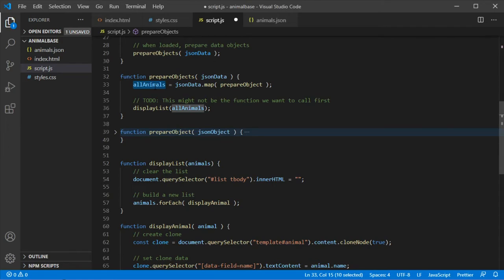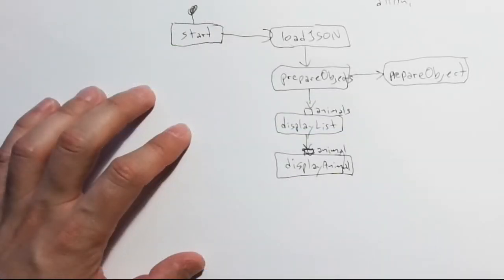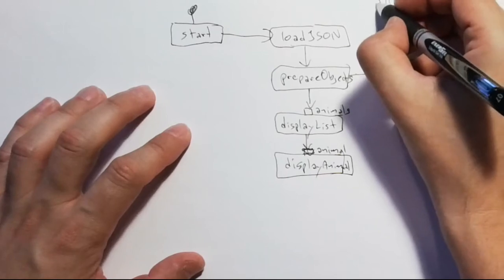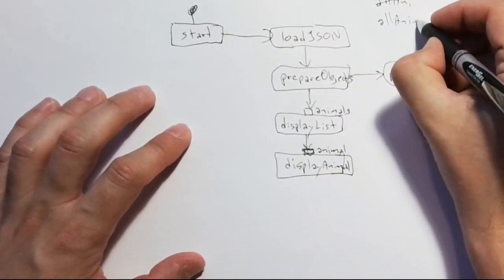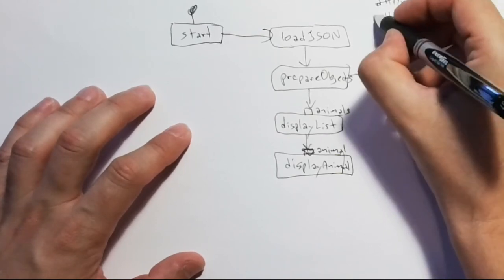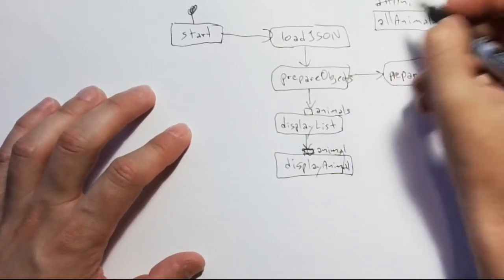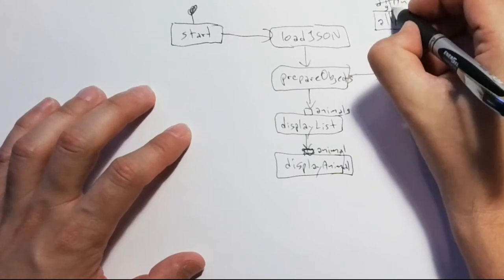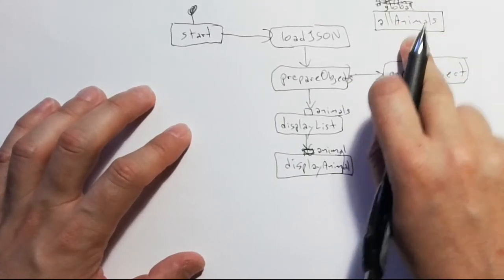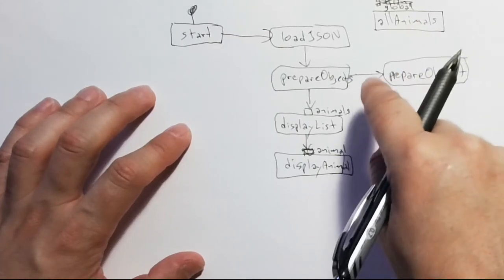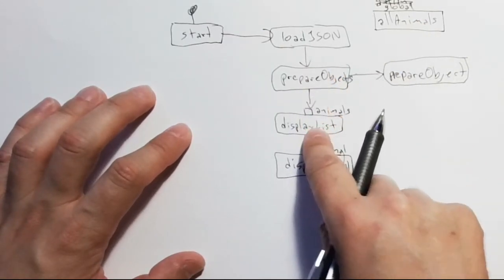So there is an all animals global variable that I'm going to add up here. All animals. I don't know how to make that global, just to help myself know that that is there and that it's going to be used. Good.